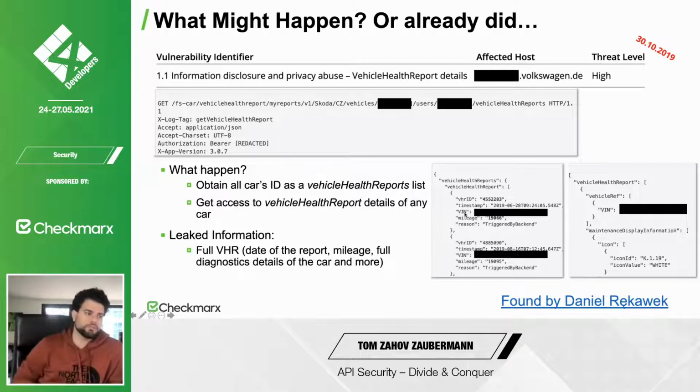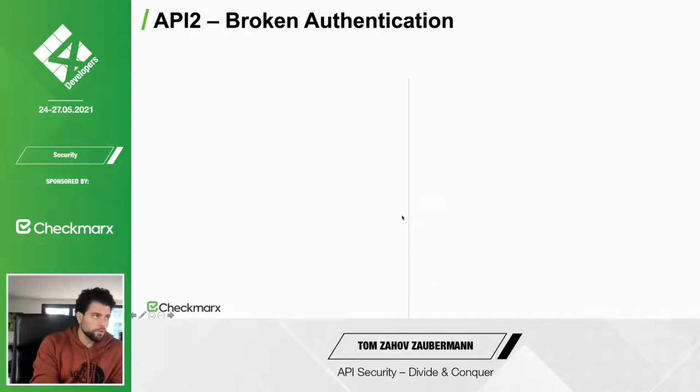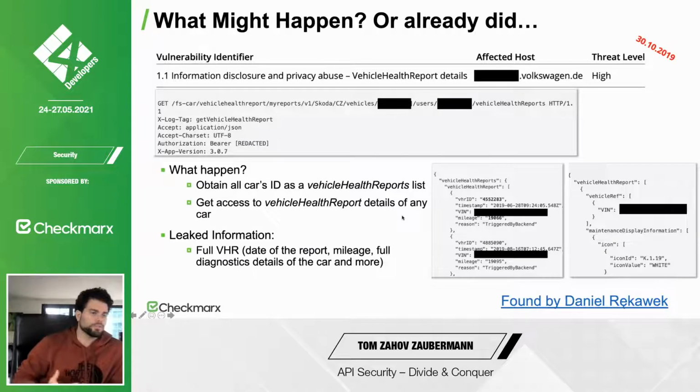And he managed to get the vehicle health reports of the whole Skoda fleet. You can basically request a report for any VIN, and then you get a report of the mileage, as you see here, and timestamps and stuff like this. You can see even if it's white or red or whatever. Very interesting stuff. And BOLA, we see it a lot, and that's why it's number 1.